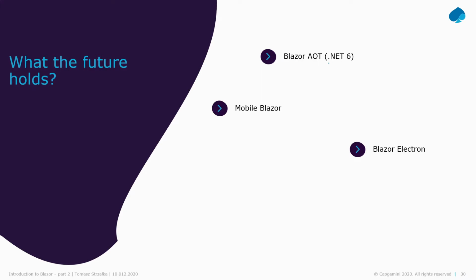It should be here already in .NET 5, but Microsoft told us that this feature was delayed and it will be available in .NET 6. Also, Microsoft mentioned in the early days of Blazor that it will also support mobile devices and Electron applications.